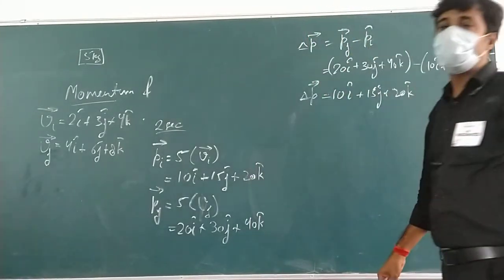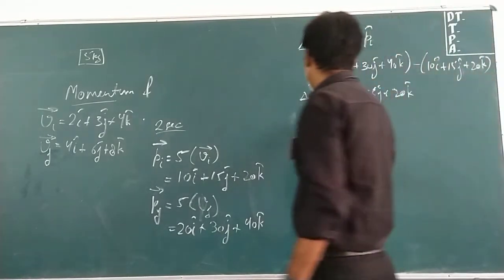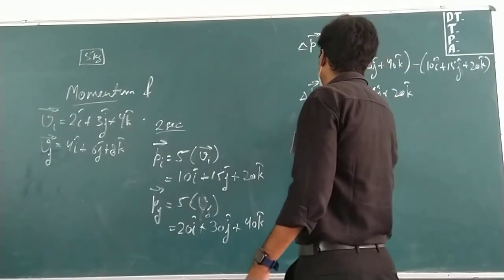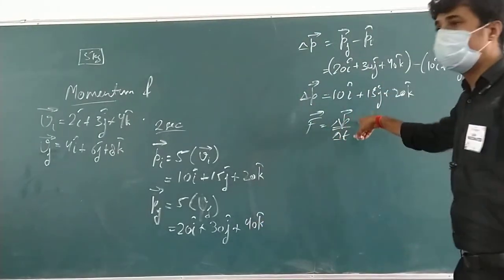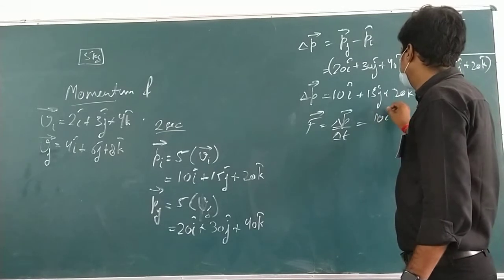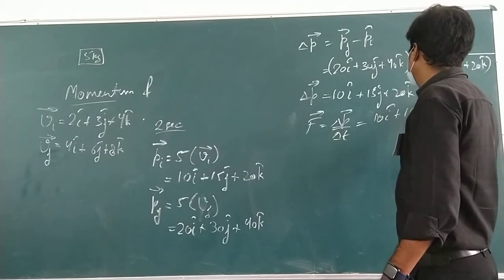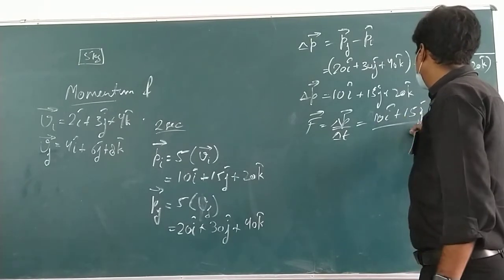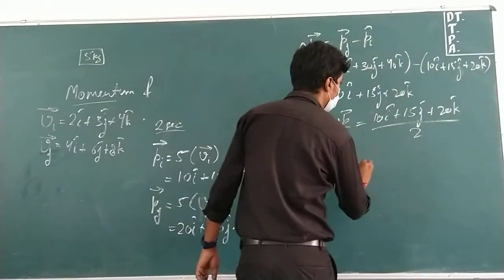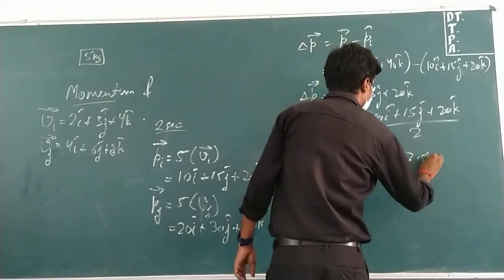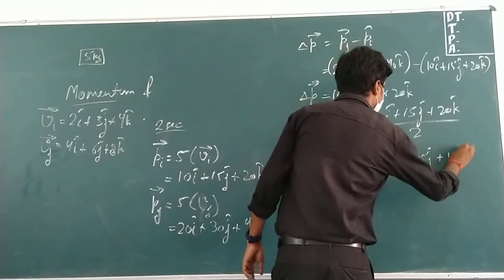According to Newton's second law, force is equal to delta P upon delta T. So delta P upon delta T gives 10i cap plus 15j cap plus 20k cap divided by 2 seconds. This gives 5i cap plus 7.5j cap plus 10k cap.